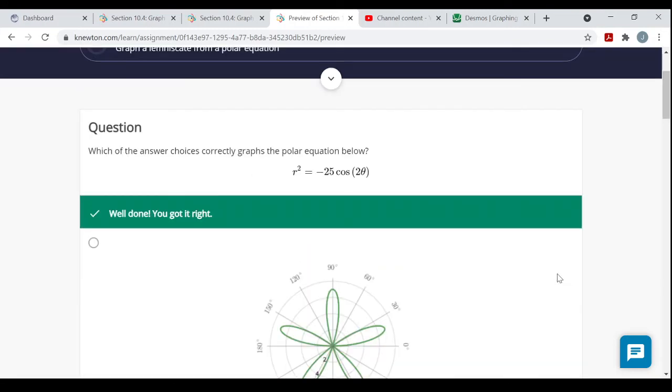Okay, wonderful. So again, a lot to think about there, especially because there's r squared. With this lemniscate business, r squared equals some number times the sine of 2 theta, or r squared equals some number times the cosine of 2 theta. But again, a lot to think about: what values of theta are allowed?